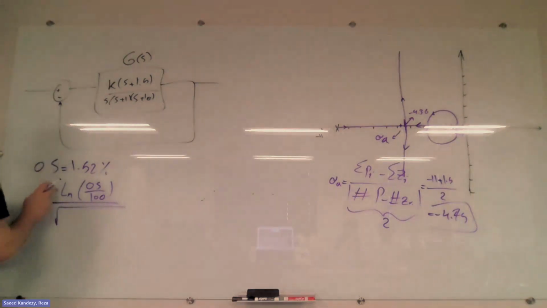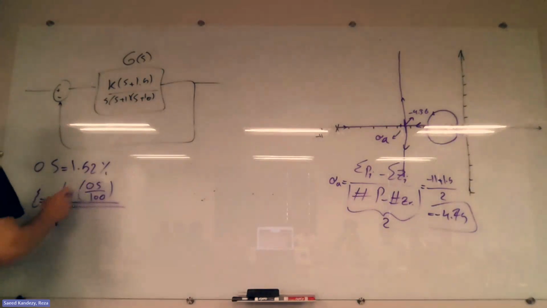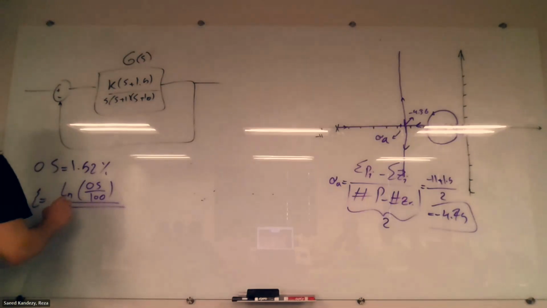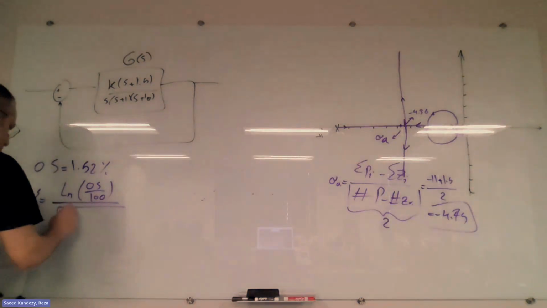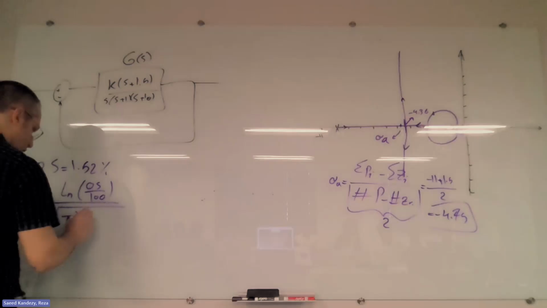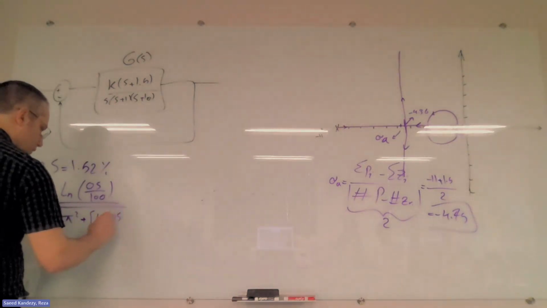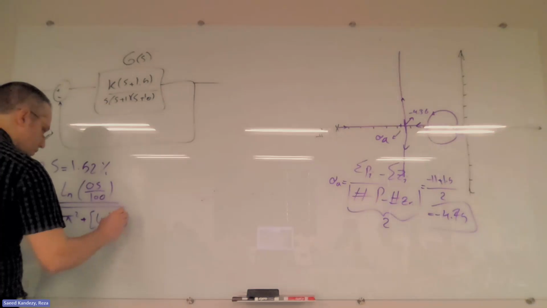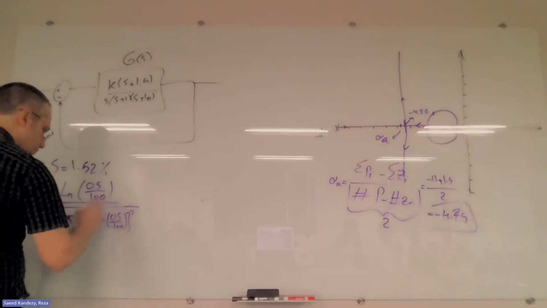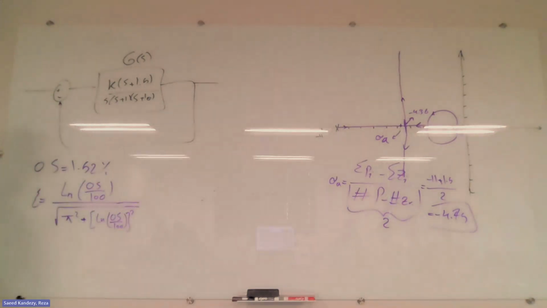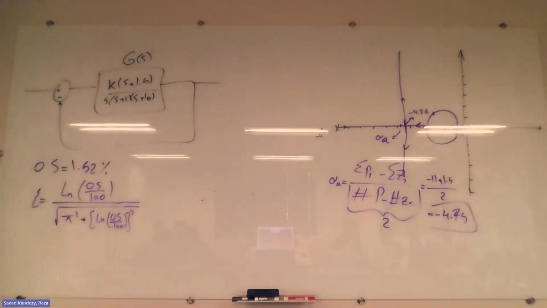It is the negative ln of overshoot over 100, divided by the square root of pi squared plus the ln of overshoot over 100 squared. So by this formula, you can find the psi from the overshoot.